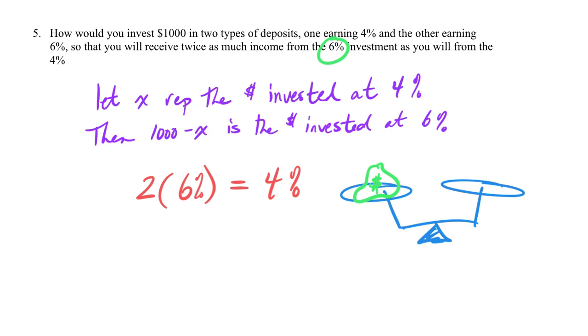That 6 is bigger. The 4, I'll circle that one in orange. There's my pile of money. There's my 4% one. Look what my red equation now tells me to do. Since it says the 6 is double the 4, if I do what the red says and now double that, I am making the bigger side even bigger.